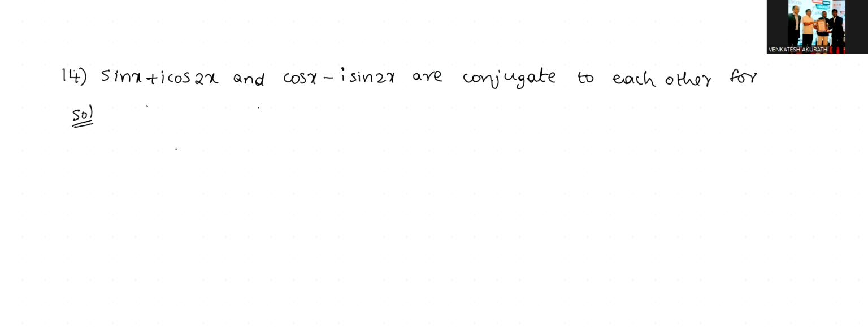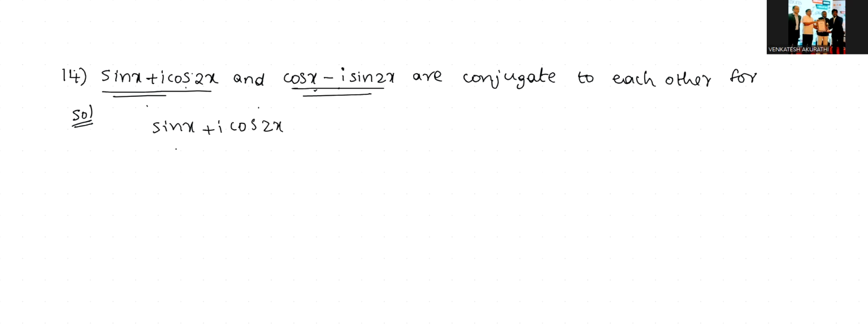These two are the given complex numbers. The conjugate of this one is this, and the conjugate of this one is this. First, the conjugate of sin x plus i cos 2x. Conjugate means put a bar.